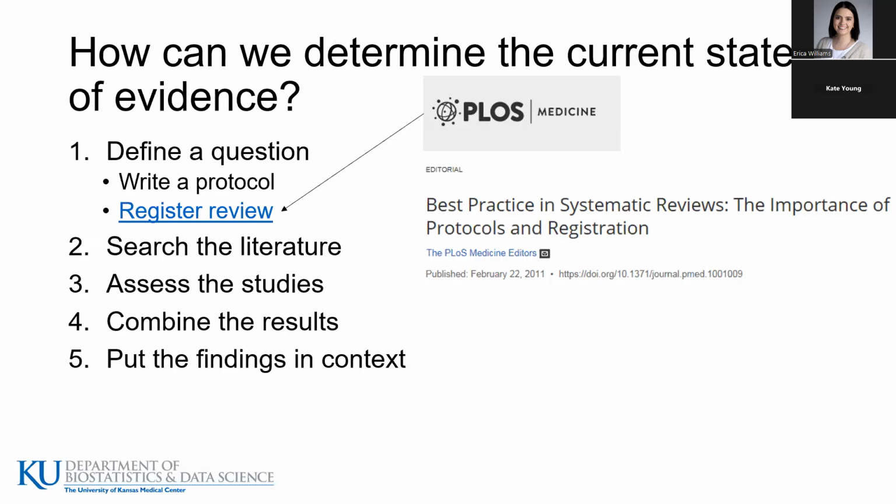As in clinical trials, the best practices for reproducibility require pre-registration of the review and protocol. And this can be registered by clicking on this link, and this allows us to tell everyone that we know what we're going to do before we do it, and this allows us to be held accountable by our peers.